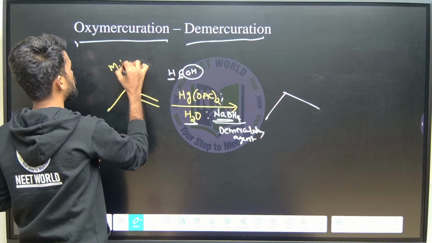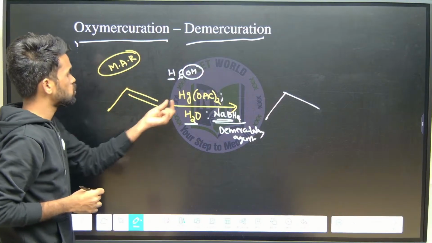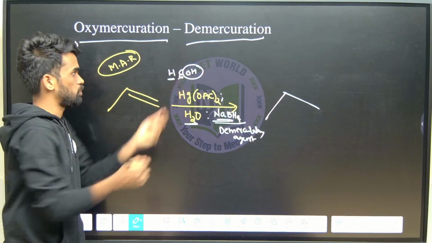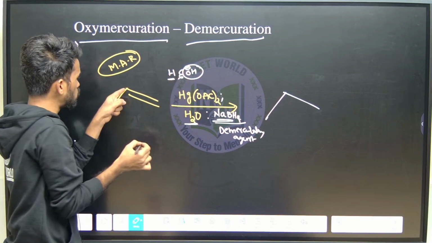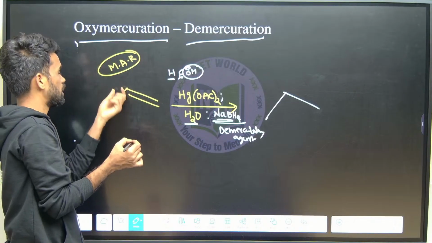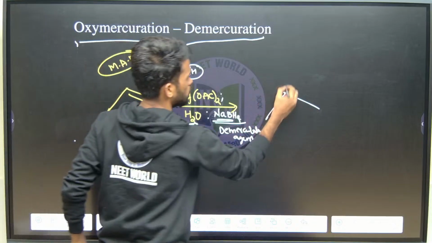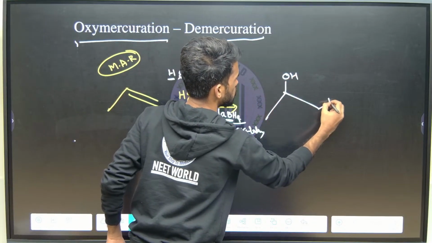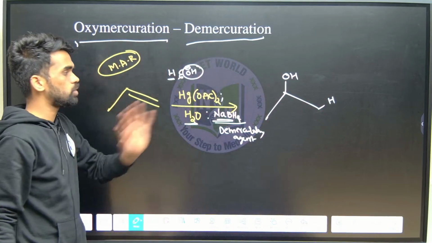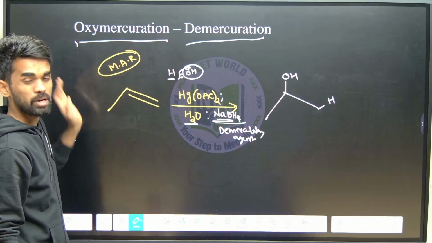What is the negative part? OH minus. So this OH minus will go to this carbon, the one with the more stable carbocation, and hydrogen goes here. So you can add OH here and hydrogen here like this. There is no rearrangement in the hydroboration reaction as well as in this OM-DM reaction.